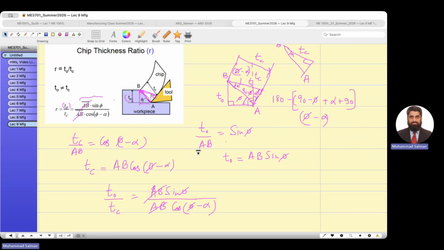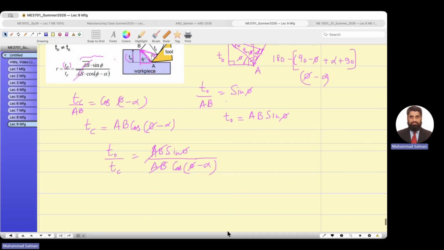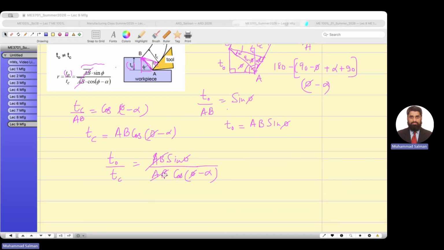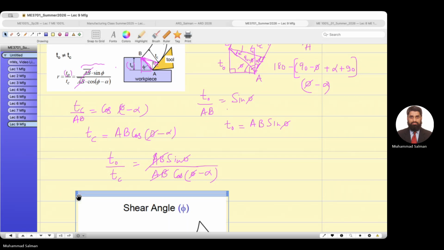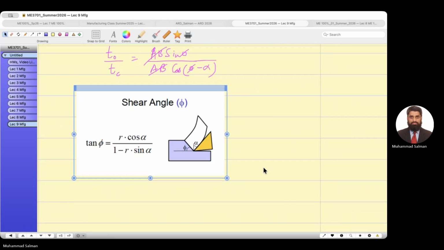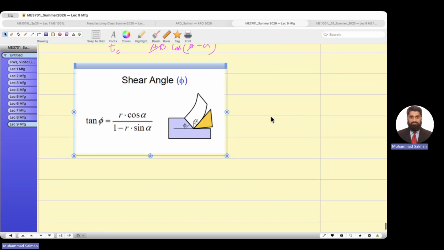This has not been explained clearly in the slides, but I wanted to explain it to you guys over here. And then, now, how do you get this, tan phi equals r cosine alpha over 1 minus r sine alpha?